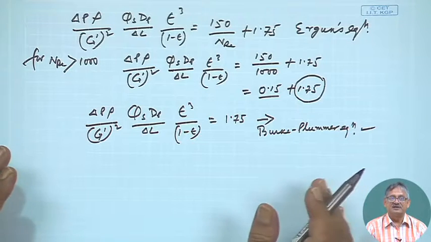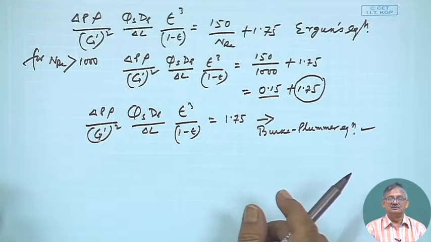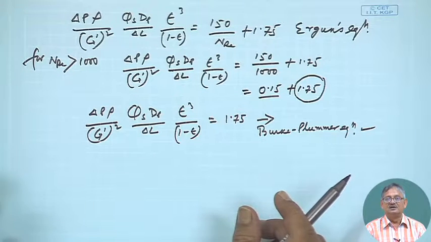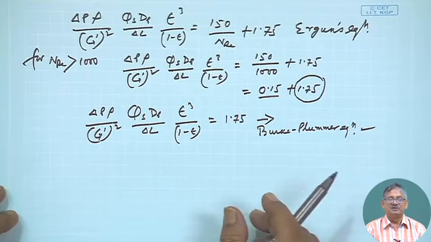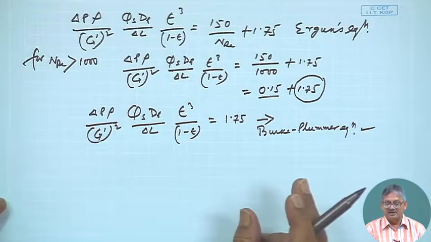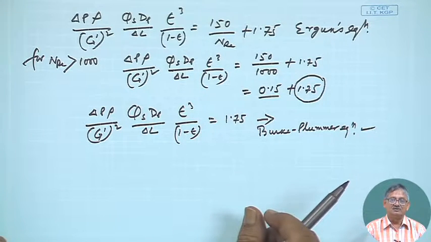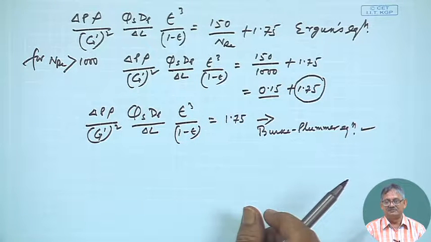If we keep this fundamental thing in mind, then remembering the equation is very helpful, particularly Ergun's equation, for finding delta P in any packed bed situation.